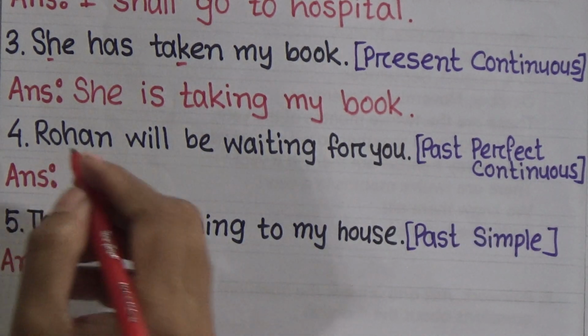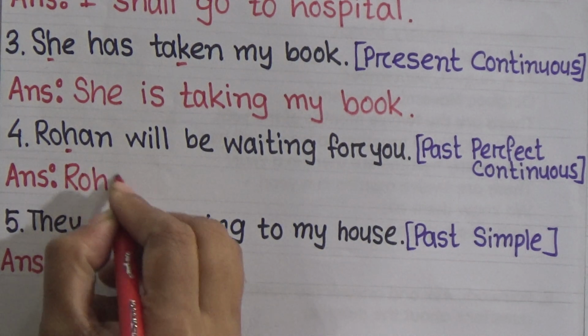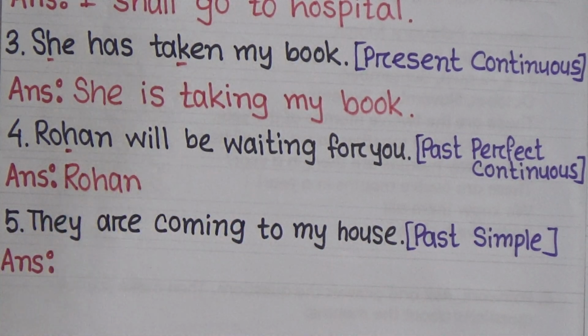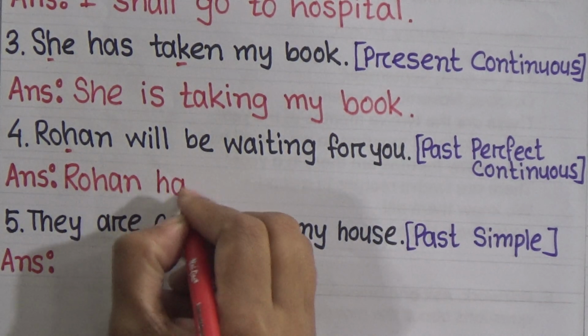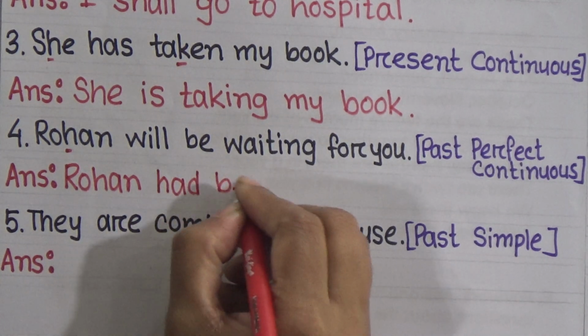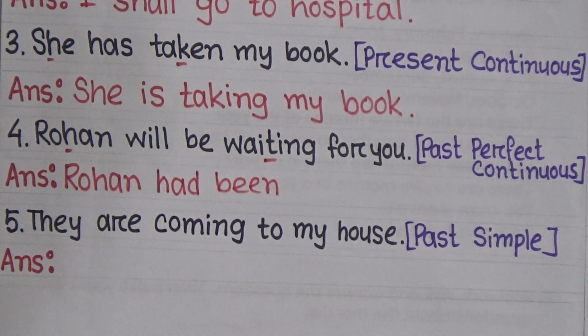So I am writing here, the subject is Rohan. The same subject for past perfect continuous tense. Rohan, then for past perfect continuous tense we have to write had. Rohan had been, then verb with ing.